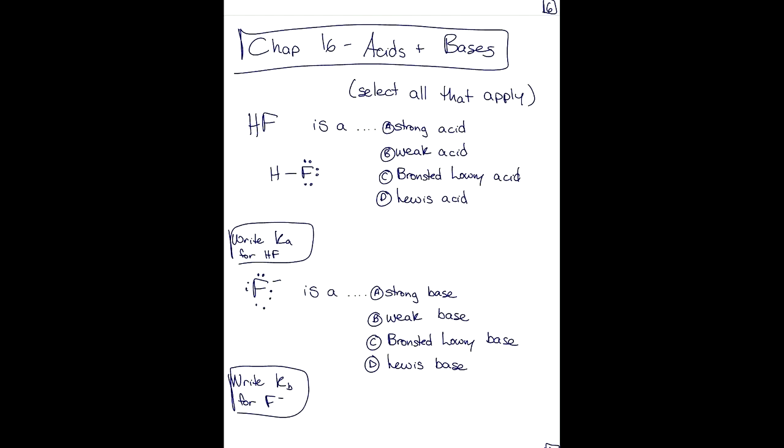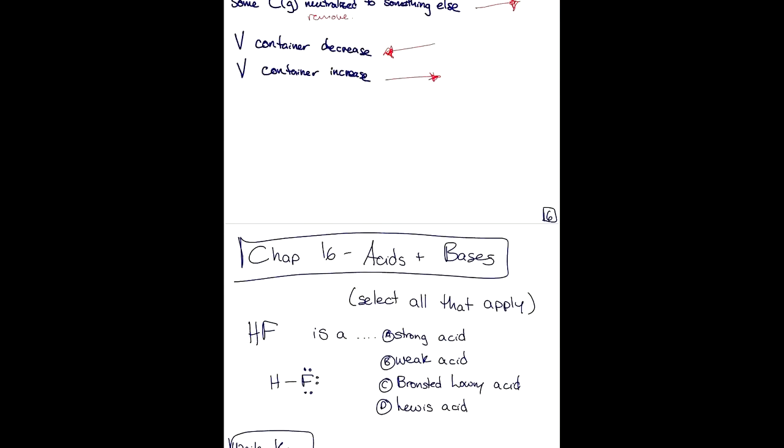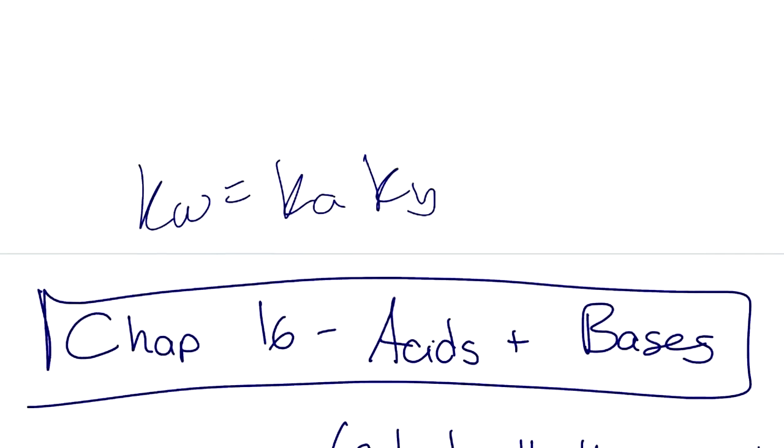You understand that Kw is equal to Ka times Kb. So if you have a really strong acid, Ka is what kind of number? Big. And if these two things, when you multiply them together, have to add up to 10 to the negative 14, if Ka is big, Kb for the conjugate has to be small.